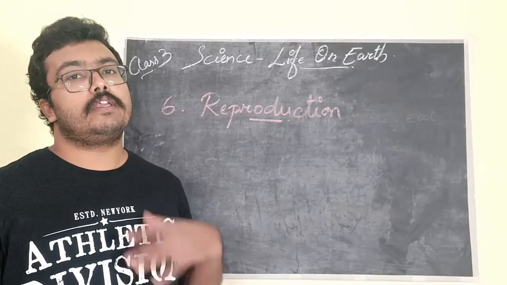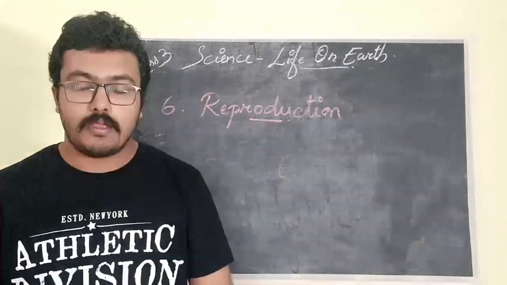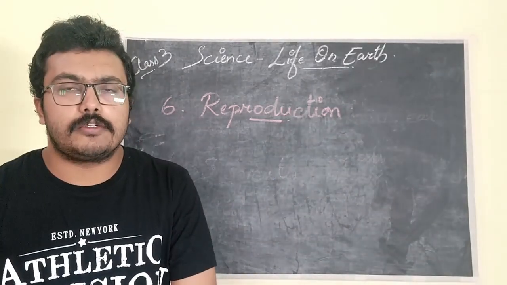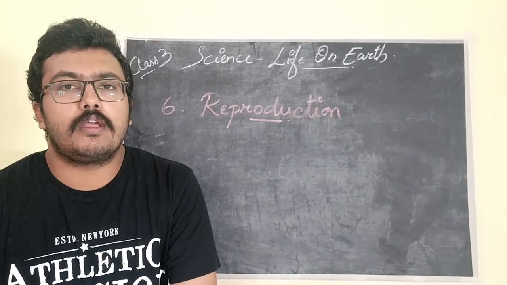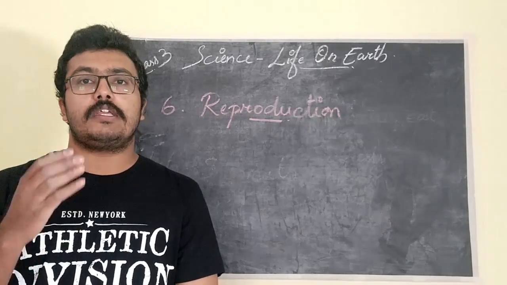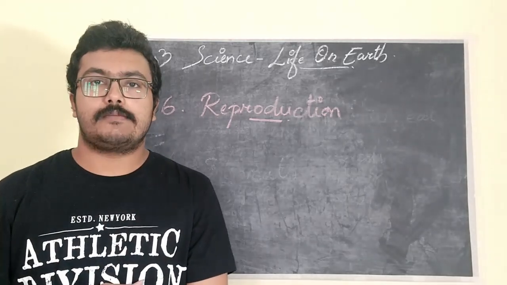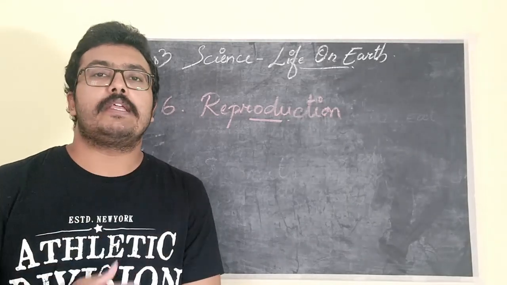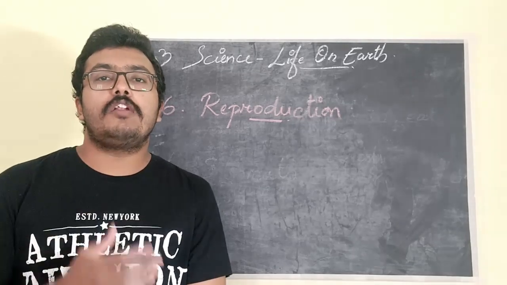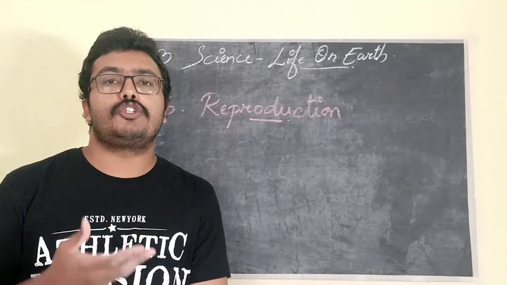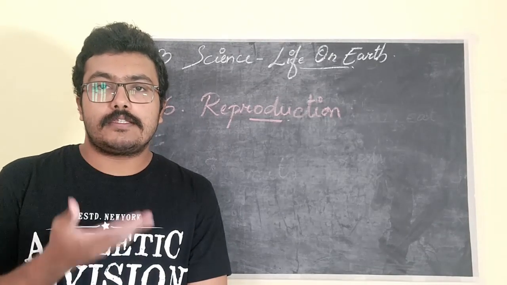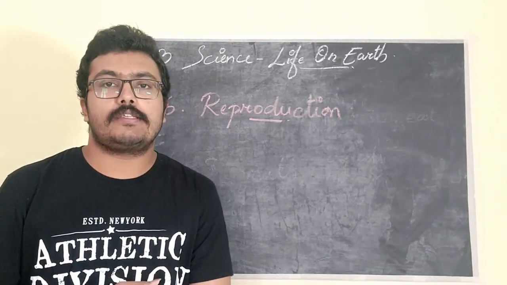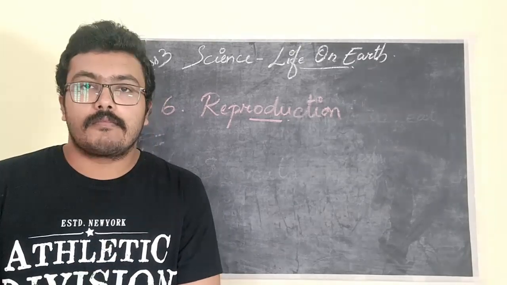Reproduction is nothing but giving birth to young ones. Reproduction takes place in living organisms, especially in female living beings. All female beings give birth to young ones at a certain stage, and this is called reproduction.